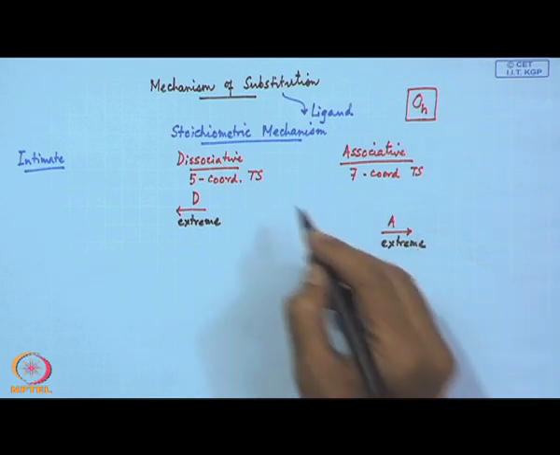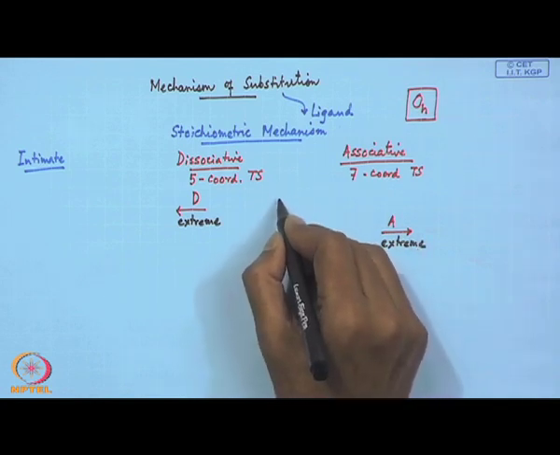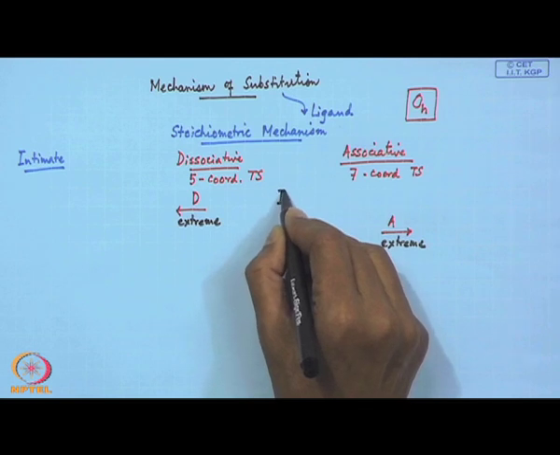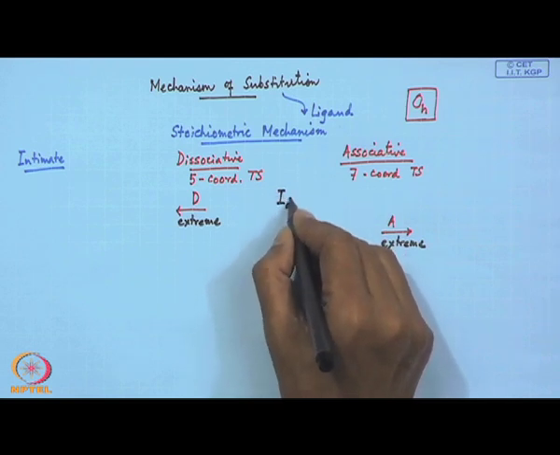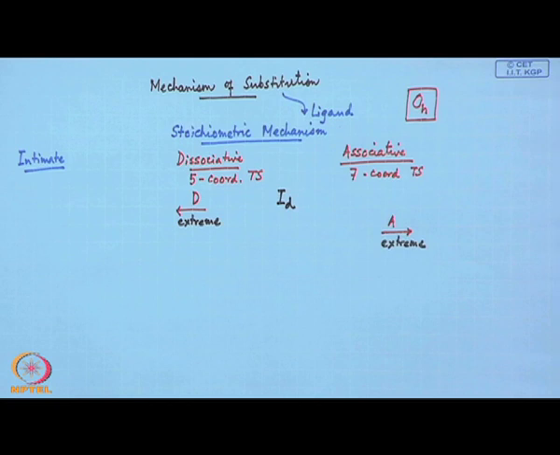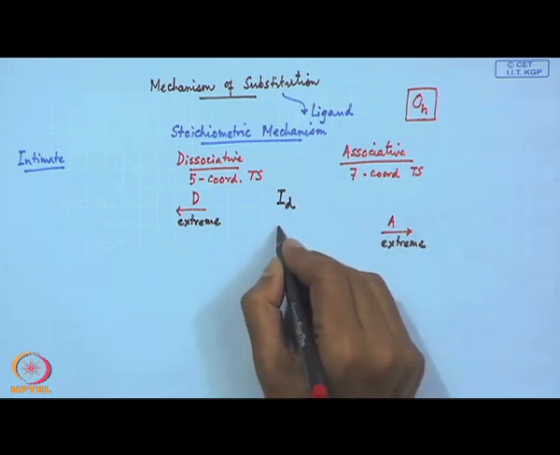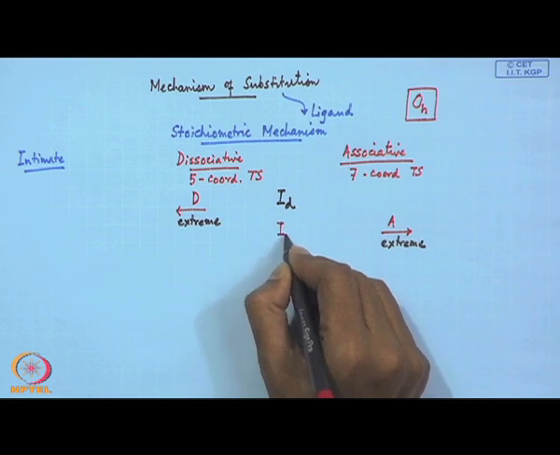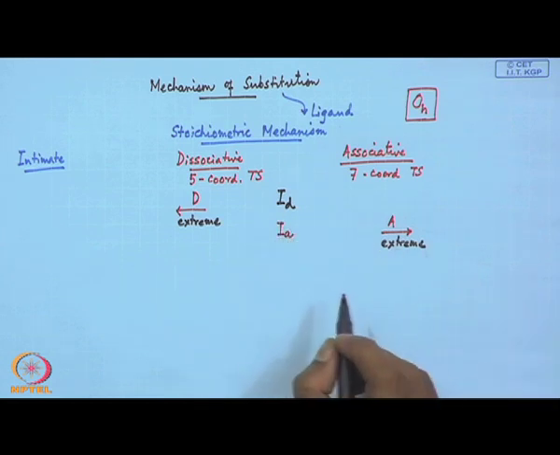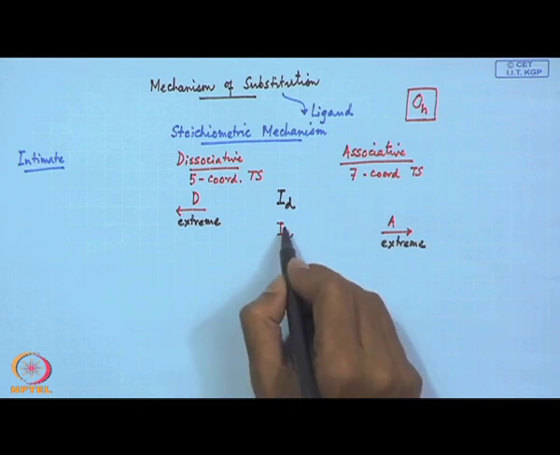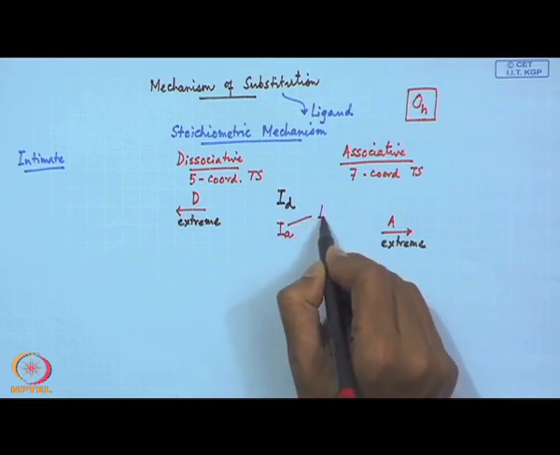So, when we have these two, D at one extreme end and A at the other end, we have two other intermediate reactions known as interchange dissociative and interchange associative. One is I small d and I small a, and this I is the interchange.